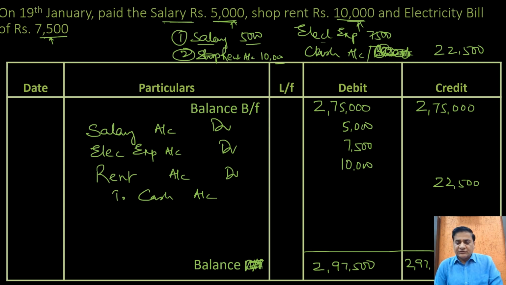So this is called compound journal entries. Again, I repeat, we have two options: either pass multiple single entries or pass a single compound entry. This would be less time consuming for you. Clear? So this is all about compound journal entries.